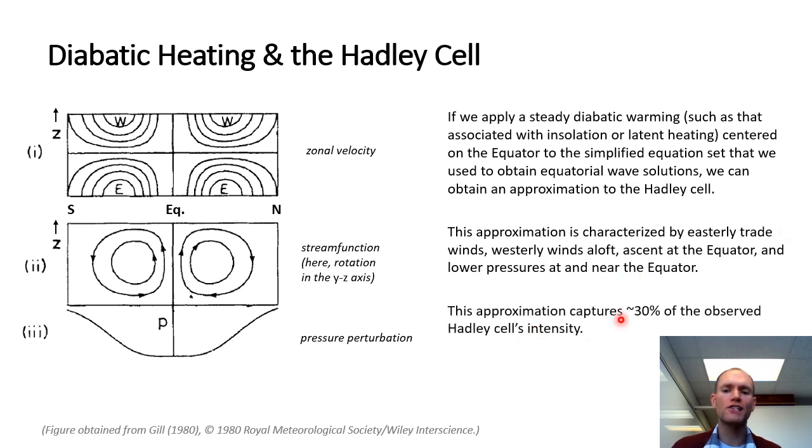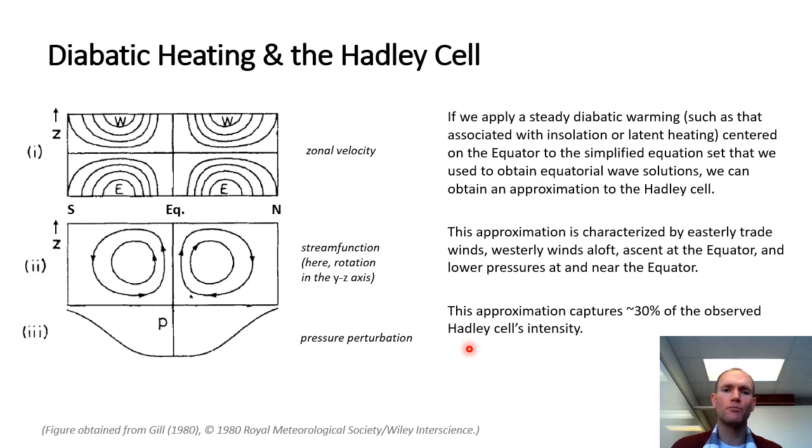However, I'll emphasize that this only captures about 30% of the observed Hadley cell's intensity. It relies on heating being centered at the equator, maximized there. In general, heating is not always centered there. It moves north and south with the seasons, as the circulation features move north and south with the seasons.